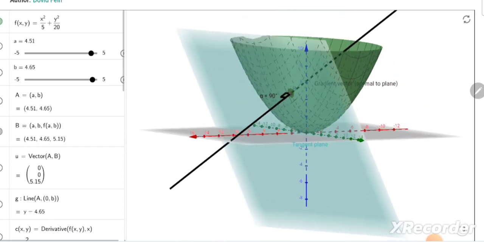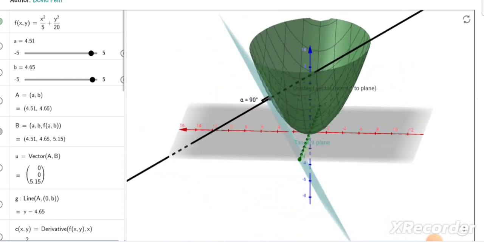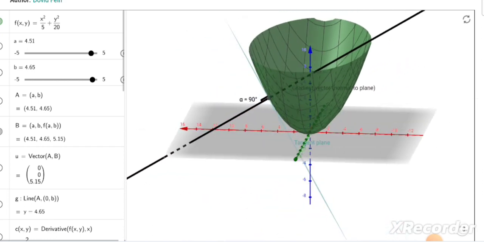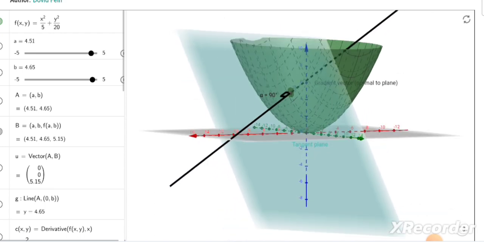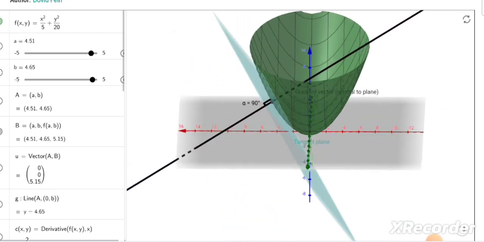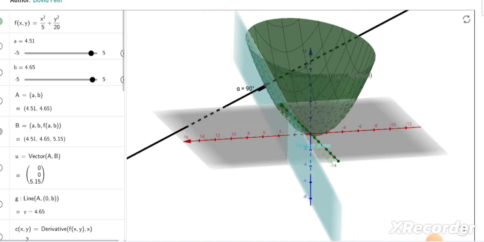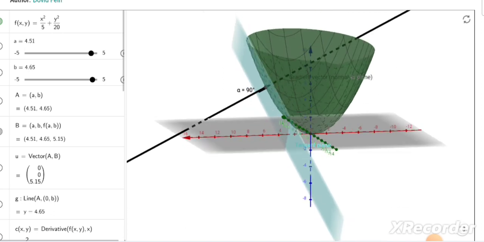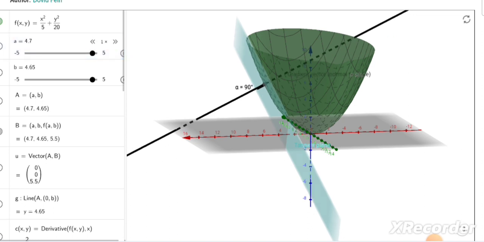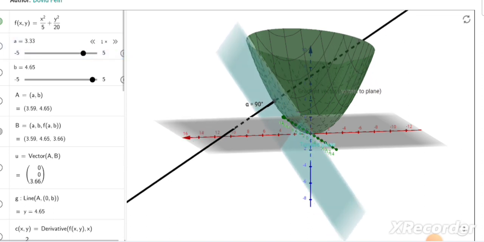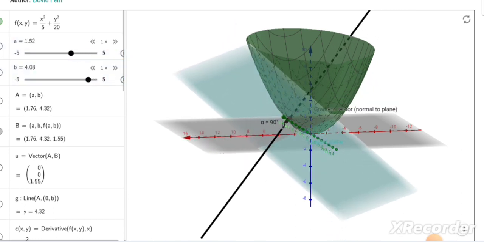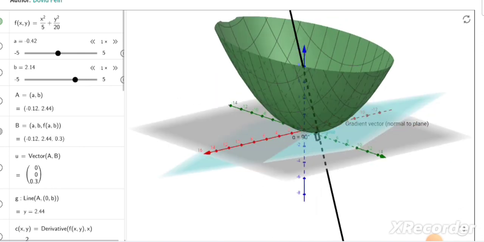And so at some specific point, we are given the tangent plane, and we see that the gradient vector, well, it's not only orthogonal to the level line corresponding to the value chosen, but it's also orthogonal to the tangent plane, right?